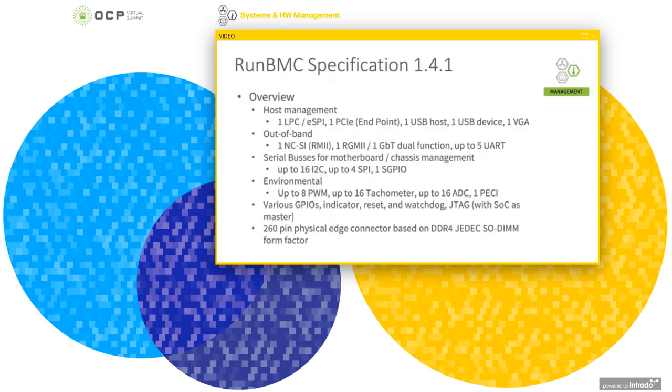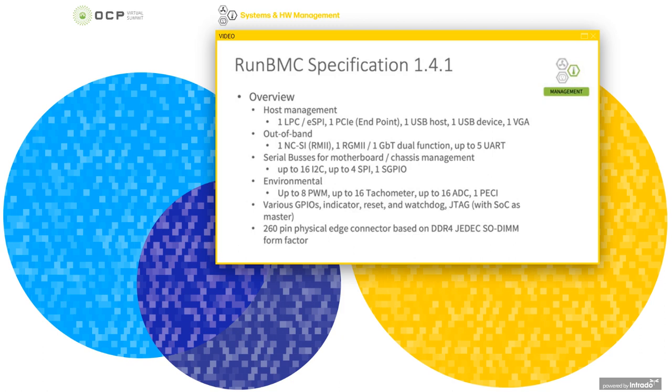To give an overview of the different types of subsystems we export over the connector: for host management, there's a single LPC/eSPI dual interface, PCI Express as an endpoint, a USB host, USB device, and one VGA. Out of band gives you NCSI as RMII or a dual RGMII 1 gigabase-T interface and up to 5 UART.